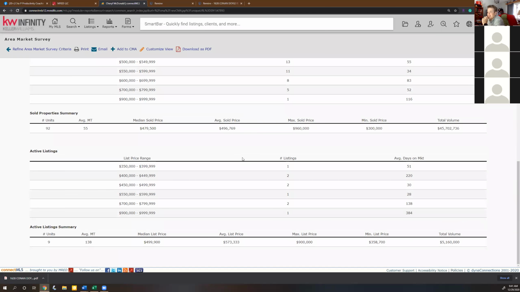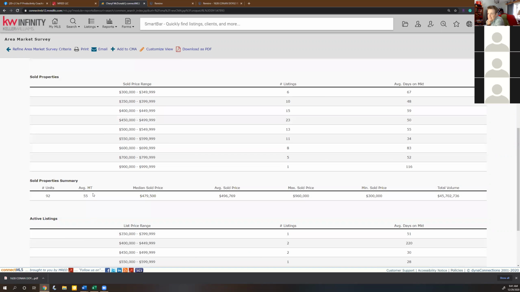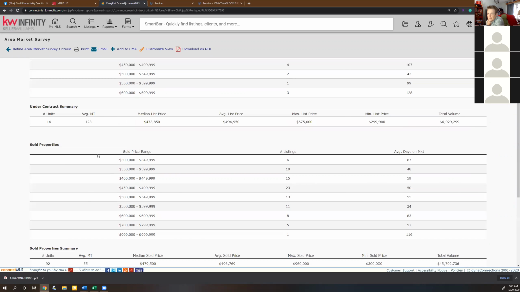Now let's take a look at what my competition is. I have 9 units within a mile of my house that I'm going to have to compete against, and the average list price is $573. So what's the first thing that this tells you? Look at the days on market: 138, 55, 123.